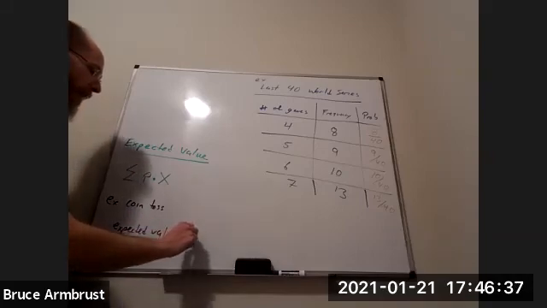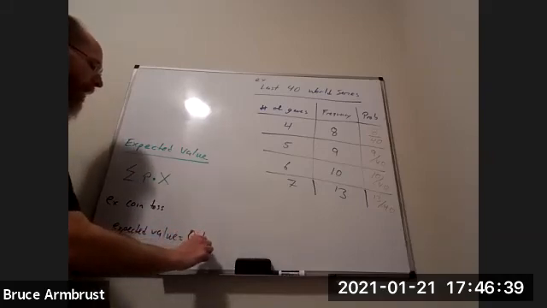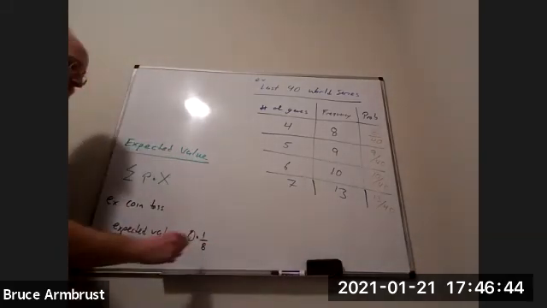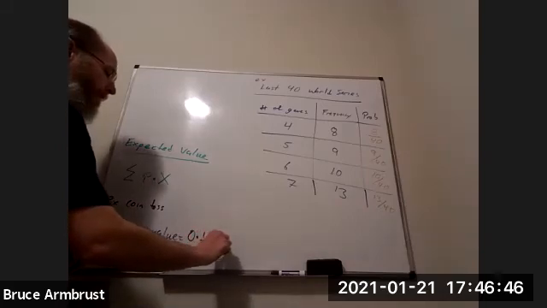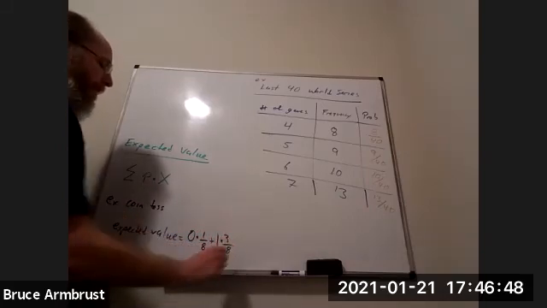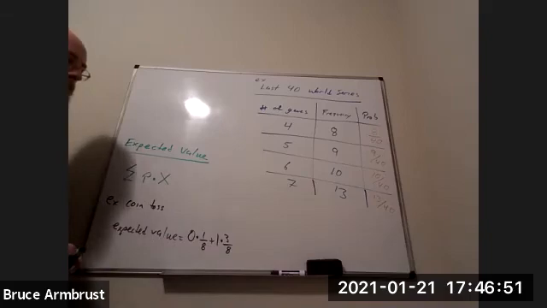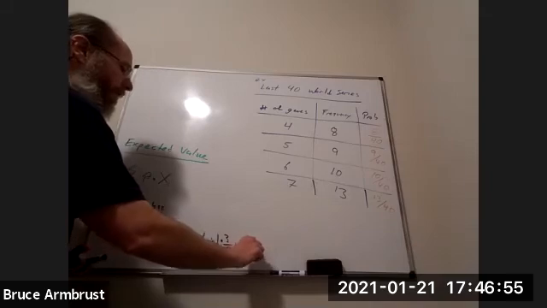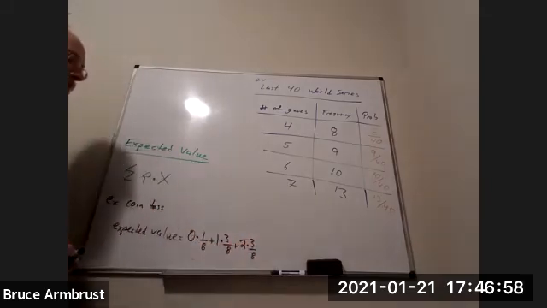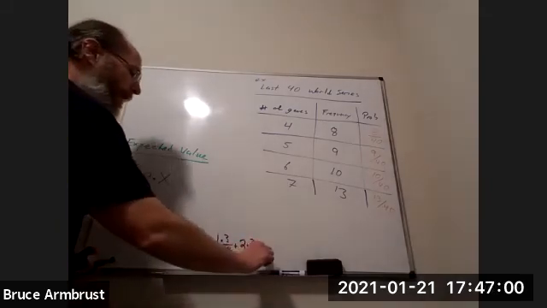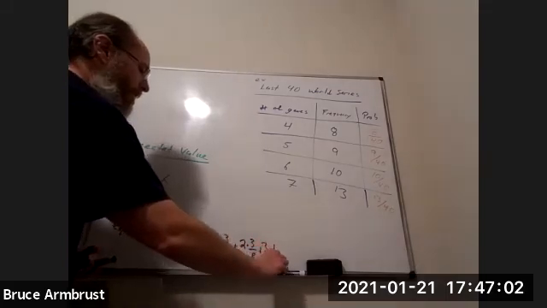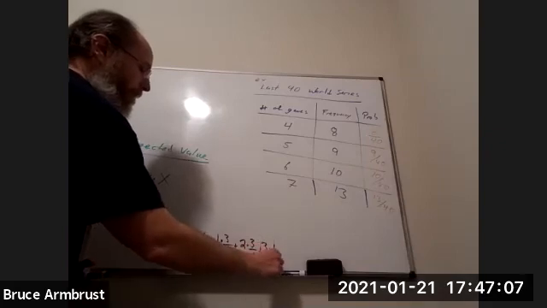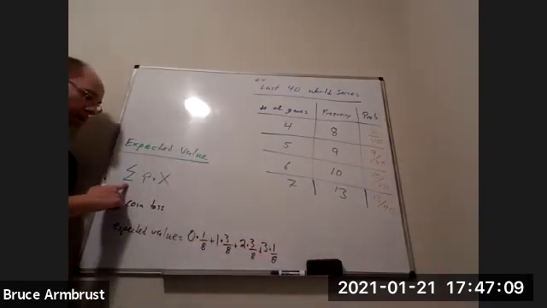0 heads happened 1 out of every 8 times, so I'm going to write 0 times 1/8. 1 head happened 3 out of every 8 times. 2 heads also happened with a probability of 3/8. And 3 heads happened with a probability of 1 out of 8. So it's a sum.